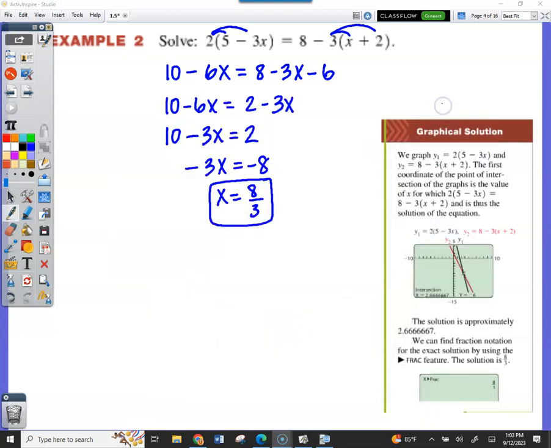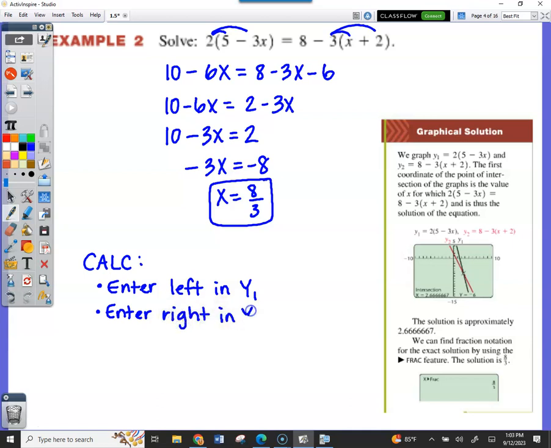Let's put some notes on your paper. So calculator, enter left in y1, and what I mean by left is the left side of the equals equation. Enter right in y2, zoom 6, and then hopefully that finds it.